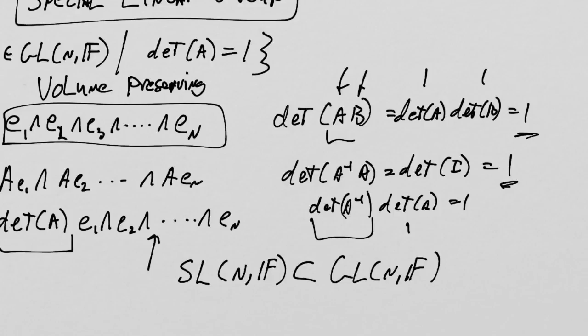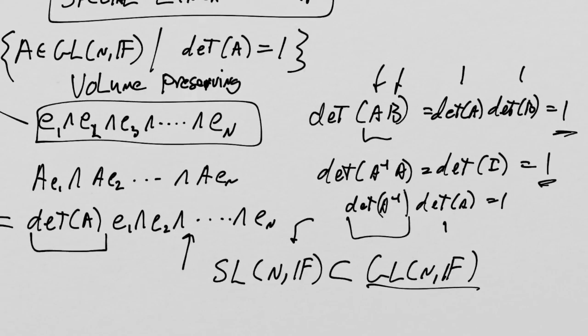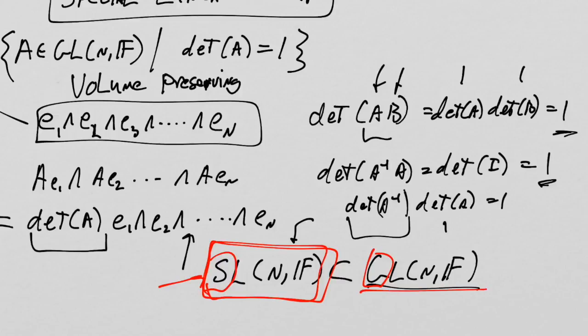Usually you'll notice the notation: we replace the G by an S. In most of our classical groups, when you see a leading S, that means you're dealing with a subgroup of the special linear group, which is therefore automatically a subgroup of the general linear group.